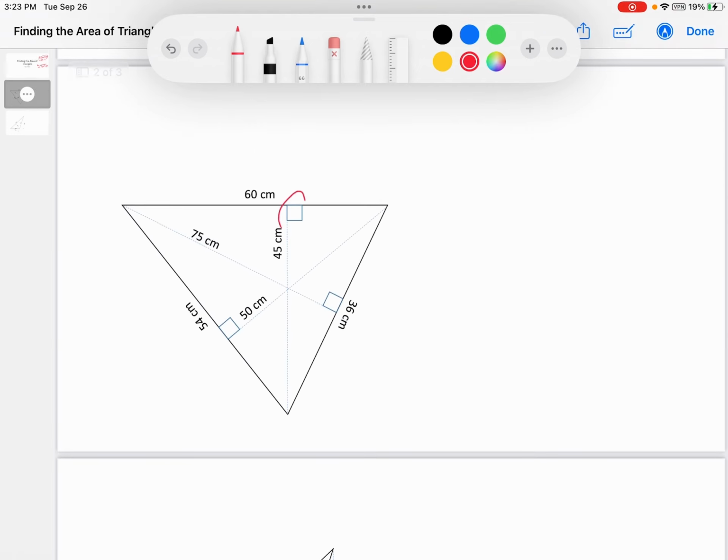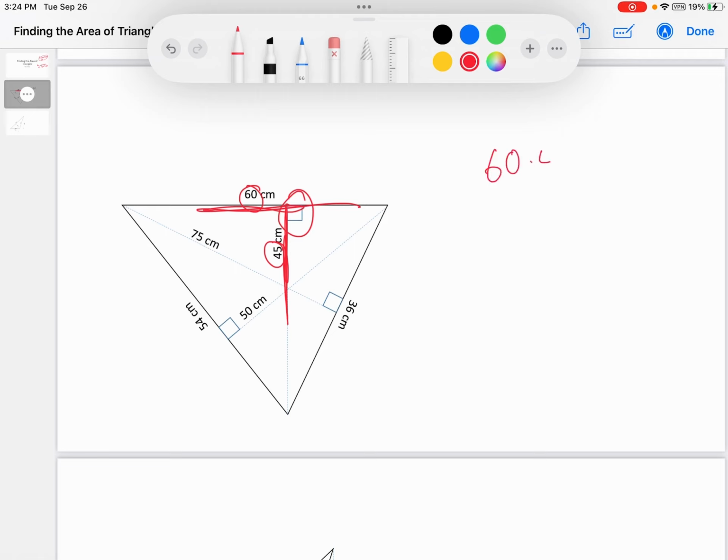Here's an example. Here's a right angle. This right angle goes this way and this way. So the two numbers associated with it are 60 and 45. So to get the area, now 60 is the base because it's the side of a triangle, and 45 is not the side of a triangle, so 45 is the height.